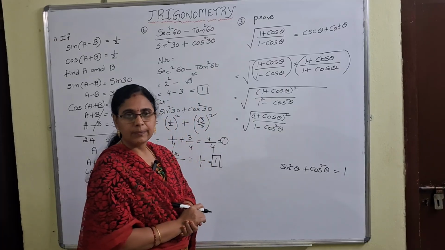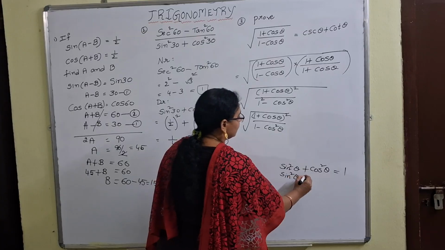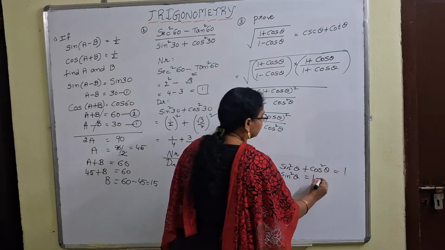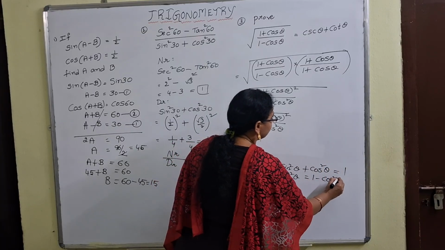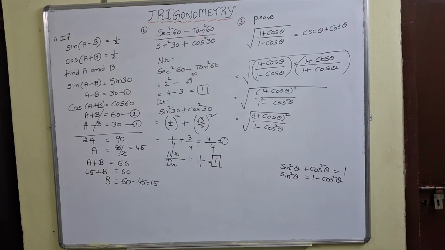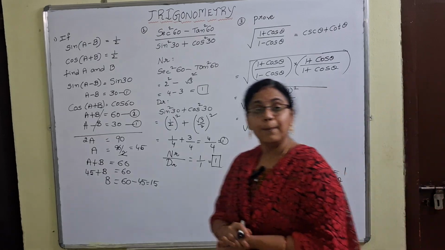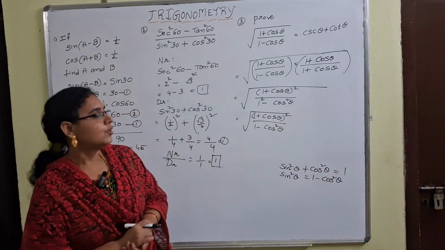That is the formula. When I want sin square theta, transpose cos square theta to the opposite side as minus cos square theta. Am I right? These three identities are very, very important. So here sin square theta is here, plus cos square I am transposing to the opposite side, minus cos square theta.